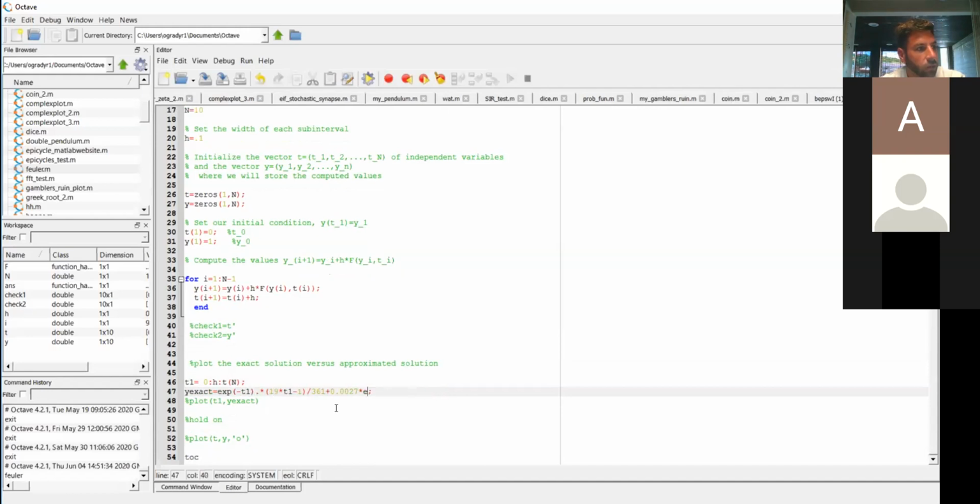Well, the exact solution to this particular problem was e raised to the 1/2 times our input, which in this particular case is t1 squared. And I'm going to have the computer graph my approximated solution and my actual solution.